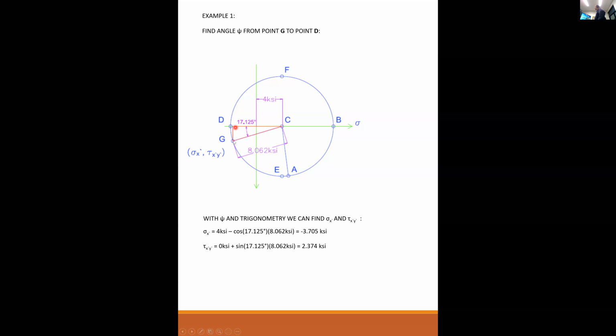It's going down, so this is positive, and it's to the left of the vertical axis, so this is negative. And that's how we found point G. Like I said, we could have used the equations that we learned at the beginning of stress transformations, but this reinforces it by showing the geometry on Mohr's circle. Any questions at this point?